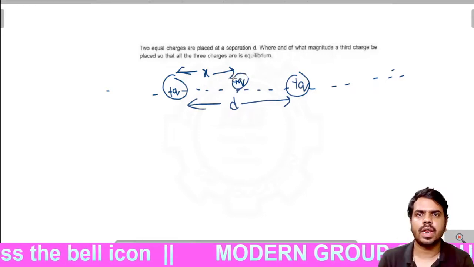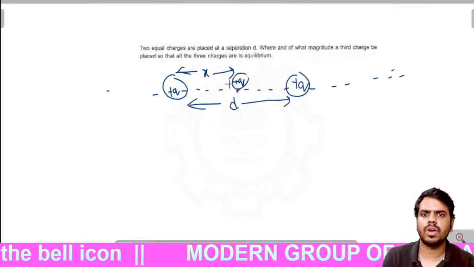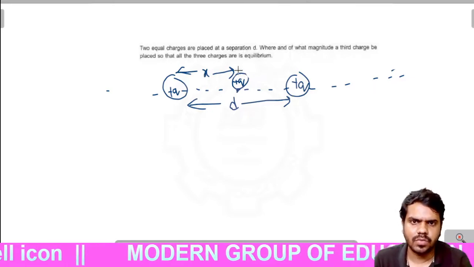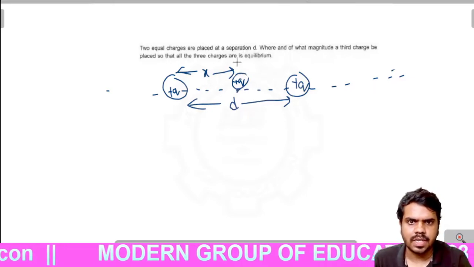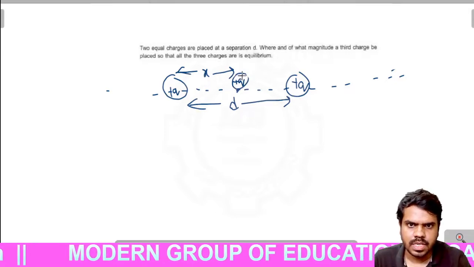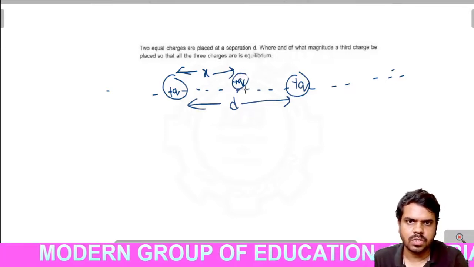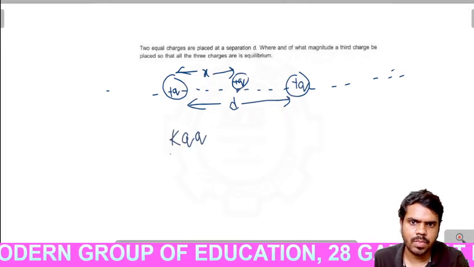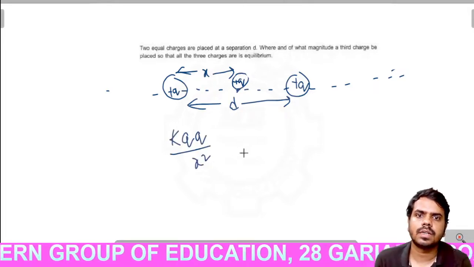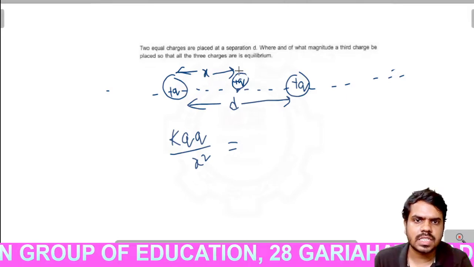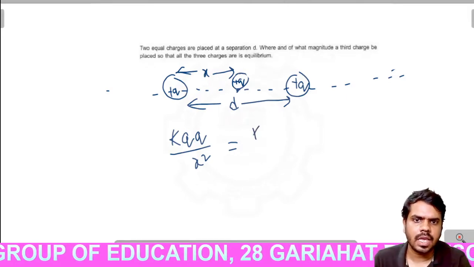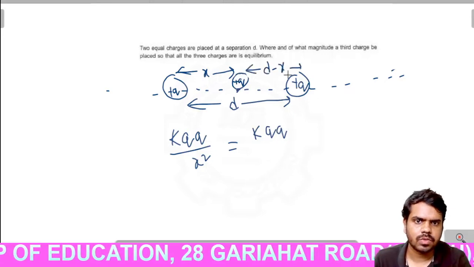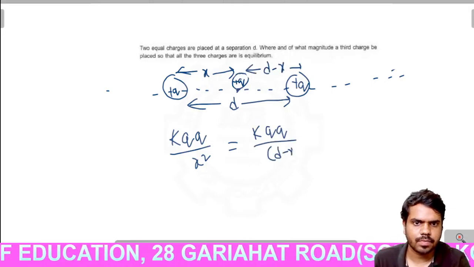That means you can apply the force on any one of them, and all three charges will remain in equilibrium, but I am taking the force on this charge by the other charges. So the force on this charge by this charge is kq into q by x square, and the force on this charge by this charge is kq into q by d minus x whole square.